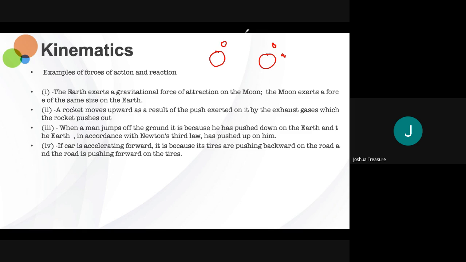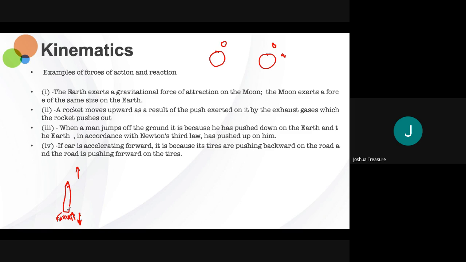All right. Now a rocket moves upward as a result of the push exerted on it by the exhaust gases, which the rocket pushes out, right? So it is able to move upward. Say we have a rocket here, right? You will see some fumes going out at the bottom of the rocket. So it makes a push downwards, and the reaction of this is an upward force.